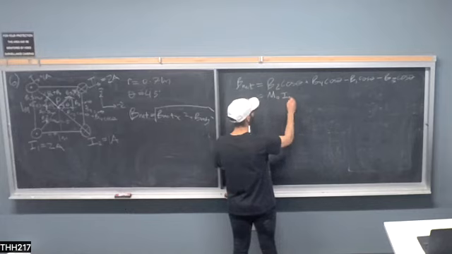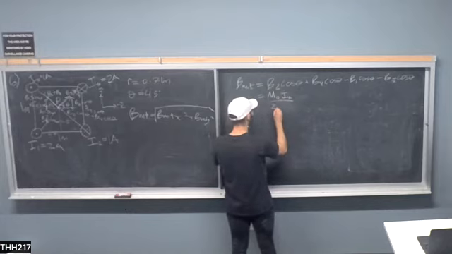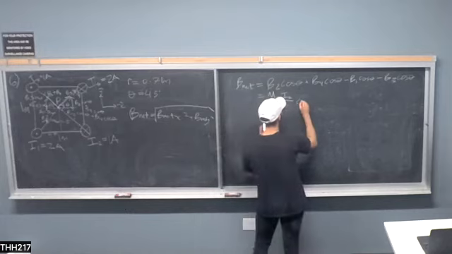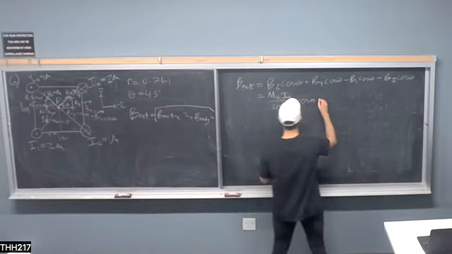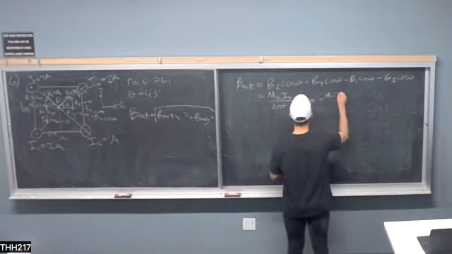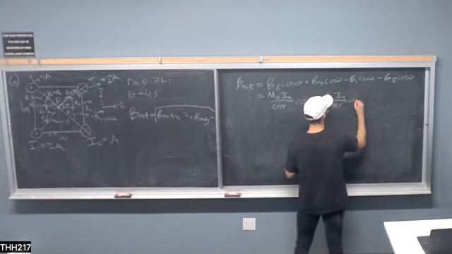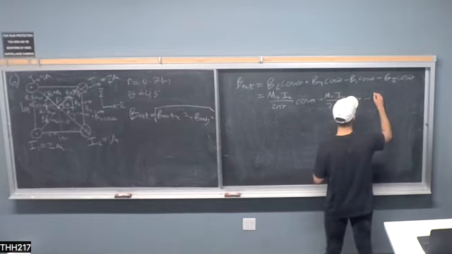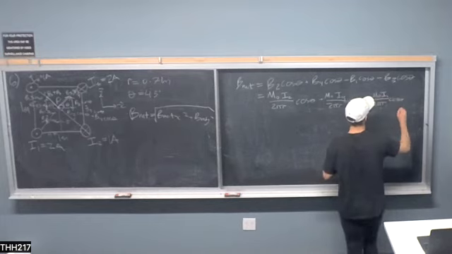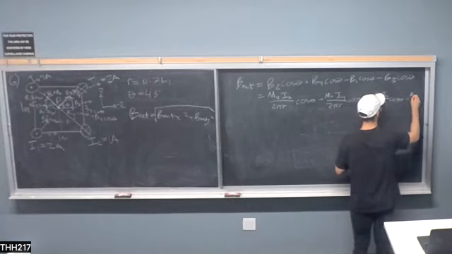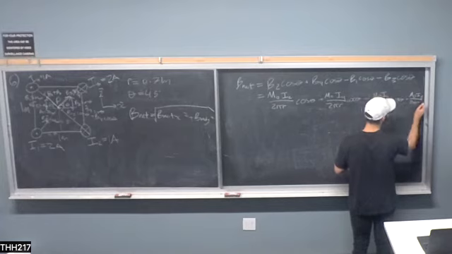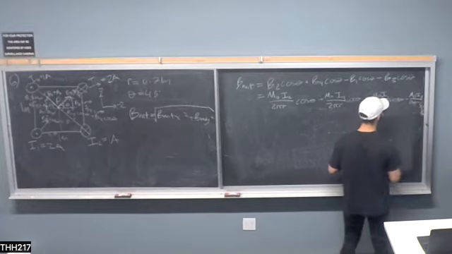That's equal to mu naught I2 divided by 2 pi r, every single r is the same, cosine theta, plus mu naught I4 divided by 2 pi r cosine theta, minus mu naught I1 divided by 2 pi r cosine theta, and then minus mu naught I3 divided by 2 pi r cosine theta.